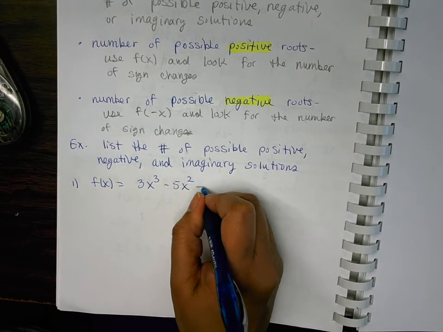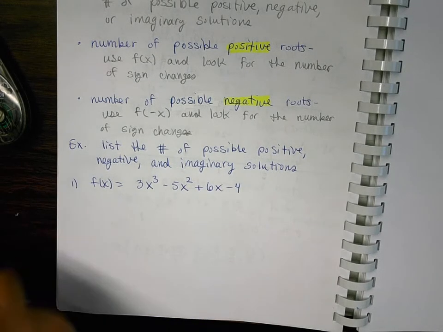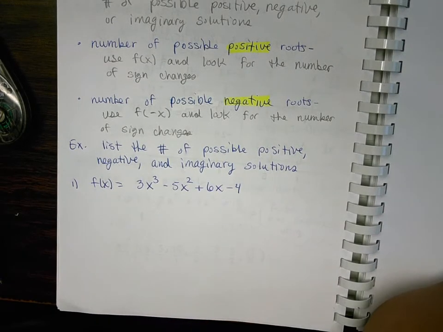Number 1. F of x equals 3x cubed minus 5x squared plus 6x minus 4.